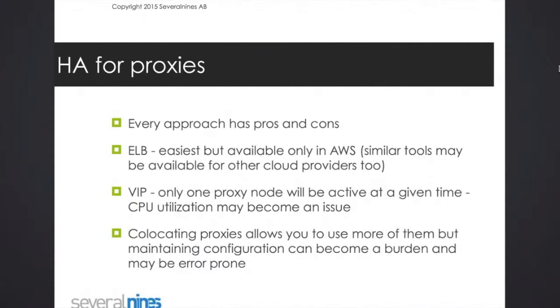Collocating proxies allows you to use more of them, but in general, I found that maintaining configuration can become a burden and problematic, even if you use all those shiny automation and orchestration tools, because these tools can also fail, or there can be a human mistake. You may end up with 10 proxies, and some of them have a different config than the others, which is not fine.